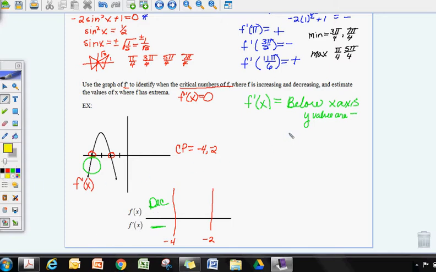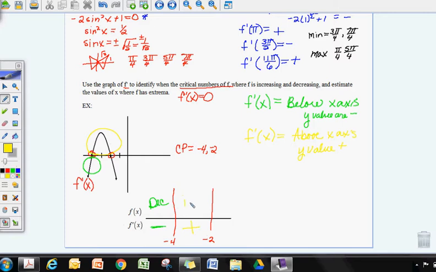So let's take a look at what happens if the derivative is above the x-axis. Well, that means my y values are positive. Can you see in this region here that I just circled in yellow, they're positive. The y value is above x.